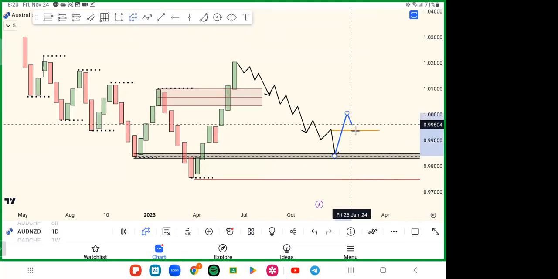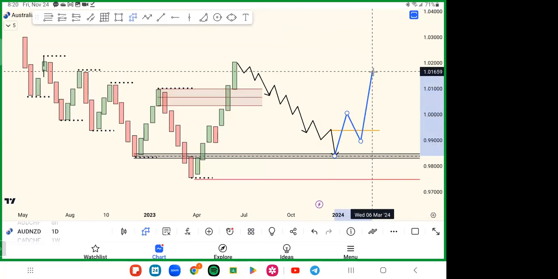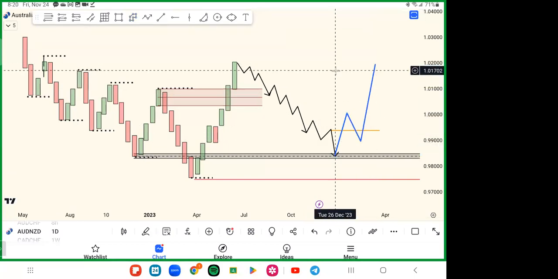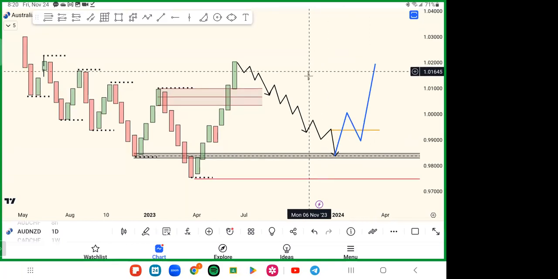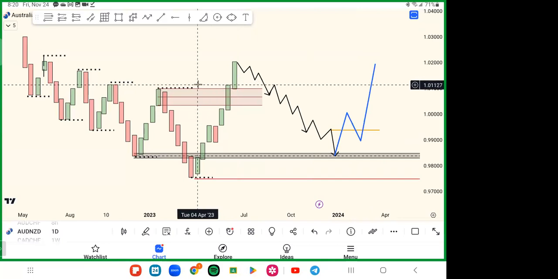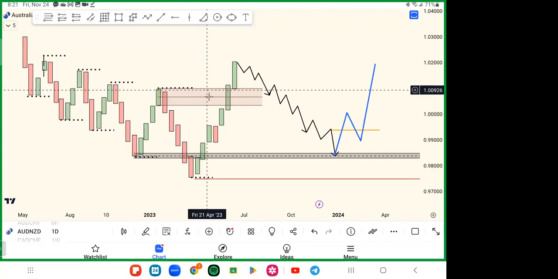We get that change of character. Let's start scaling in a bit more so we can start heading the direction the market wants to go. Right? Does that make sense, guys? Once we get the big setup, we have 3 opportunities. We just have to know how to take those. Right? So let's go ahead and see.